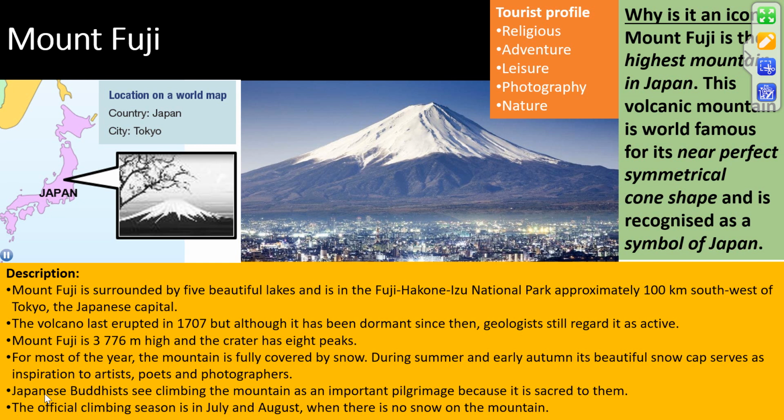Mount Fuji is still regarded as an active volcano by geologists, although it last erupted in 1707 and has been dormant since then. What you cannot see in the image is that the crater has 8 peaks. Mount Fuji is 3,776 meters high, and for most of the year is fully covered by snow.